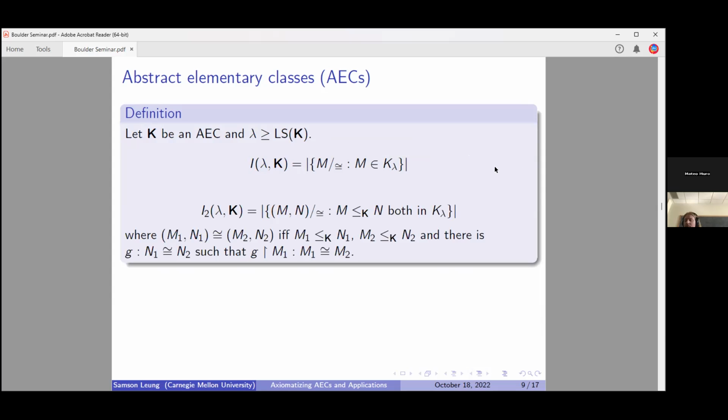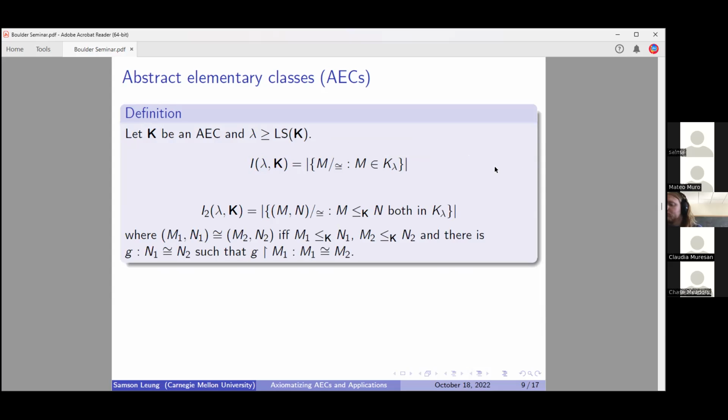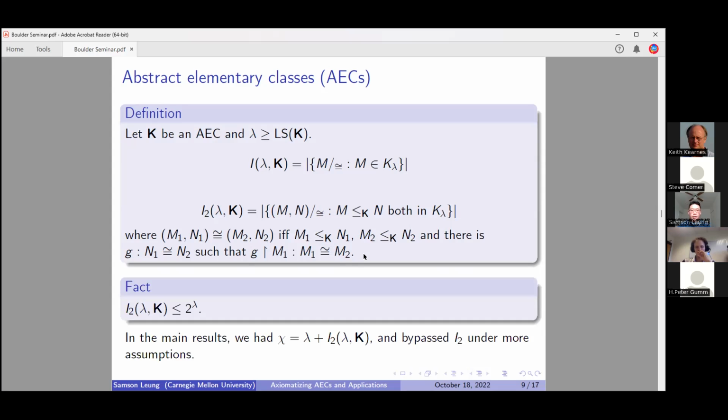I_2 is simply the number of pairs of models, where let's say the first one is a K-substructure of the second one, both of size lambda. And how do you identify two pairs of models? You first find an isomorphism between the bigger models, and the restriction should be an isomorphism for the smaller models. And a simple counting argument will show you that I_2 is bounded above by 2 to the lambda.